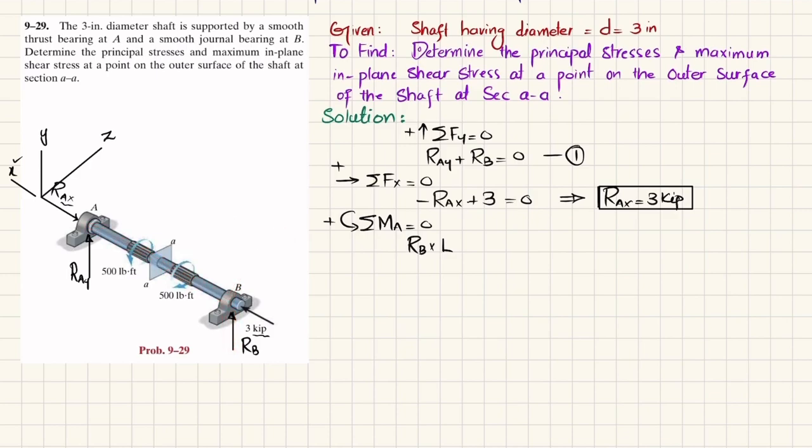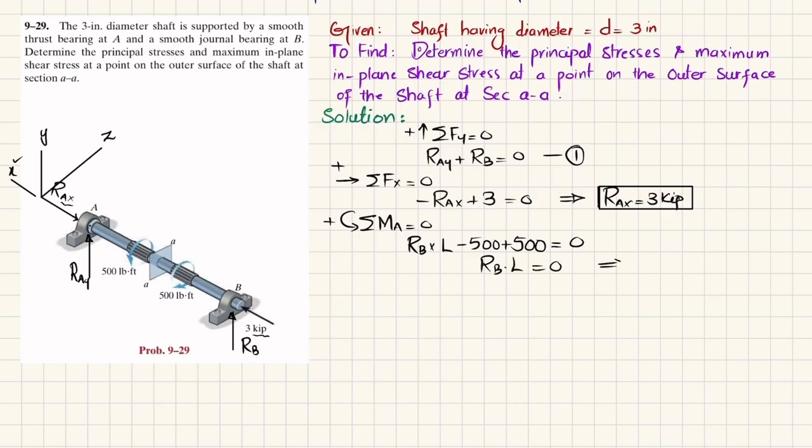Clear? And we have torques about this point. This is point A, our x-axis. So one is 500 counterclockwise, another one is clockwise. So minus 500 plus 500 will be equal to 0. So it means that RB into length is equal to 0.